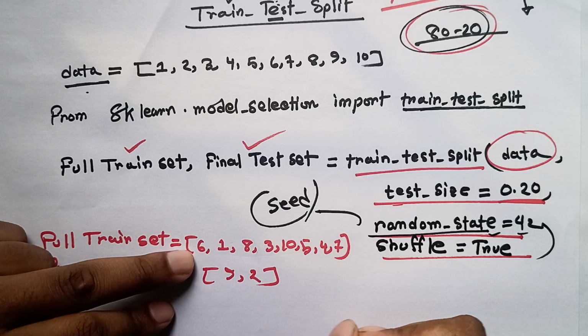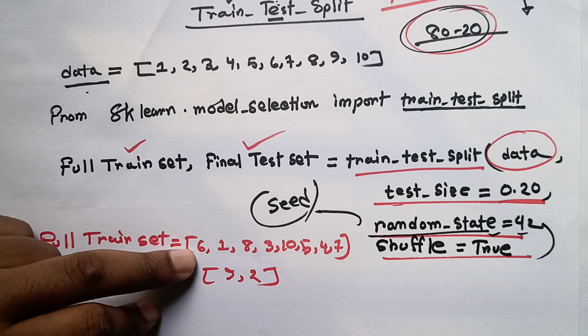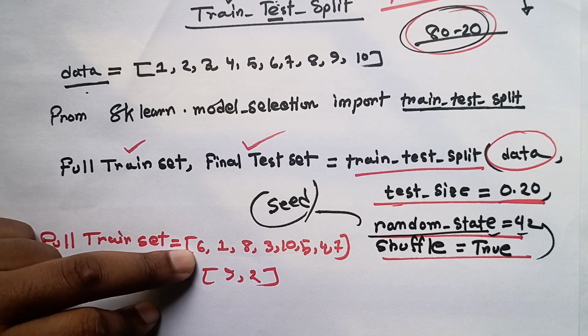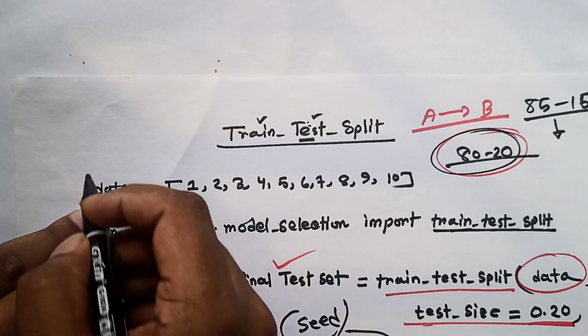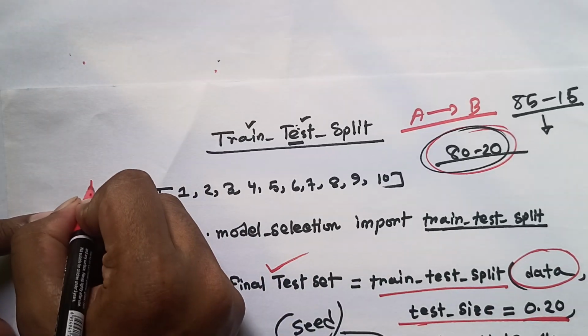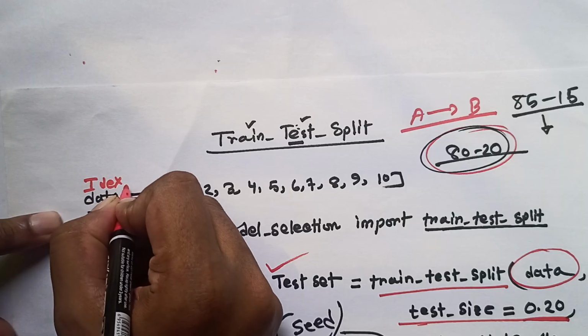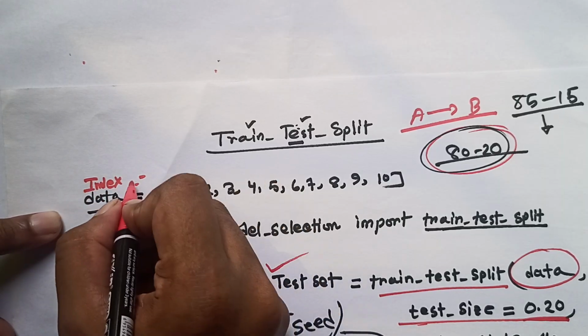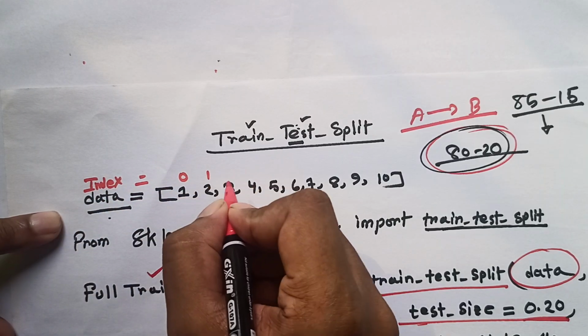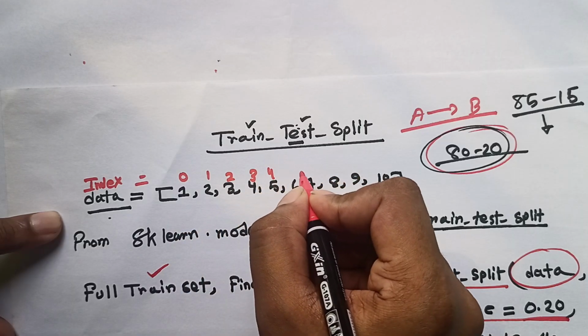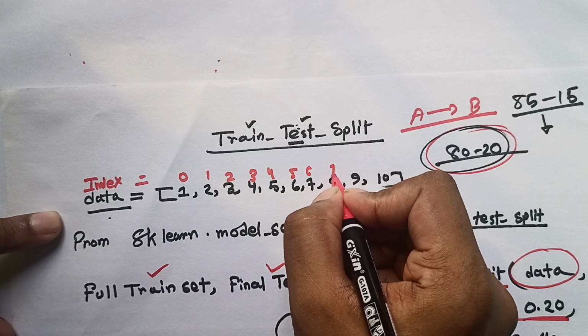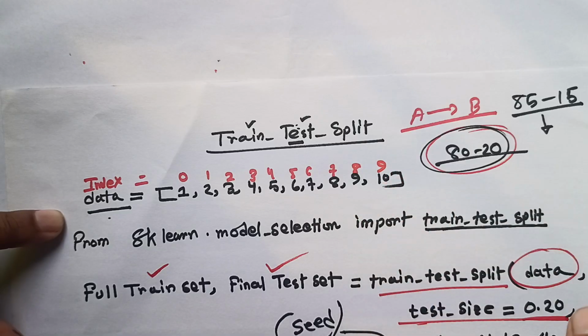Basically what random state does is generate an index. If you write the indexes for this array, we find 0 1 2 3 4 5 6 7 8 9.